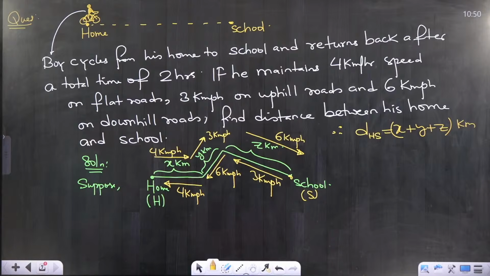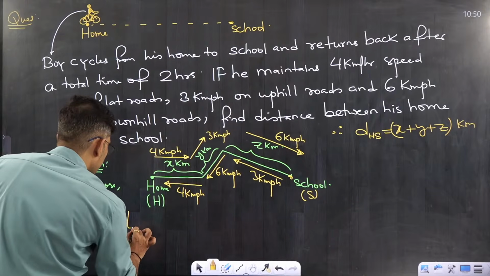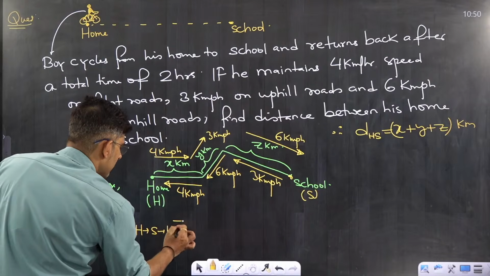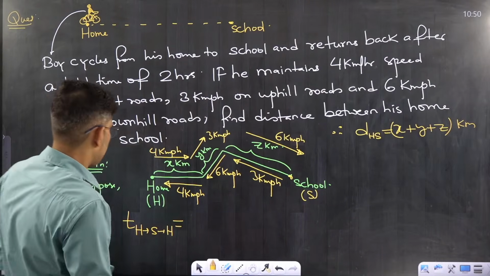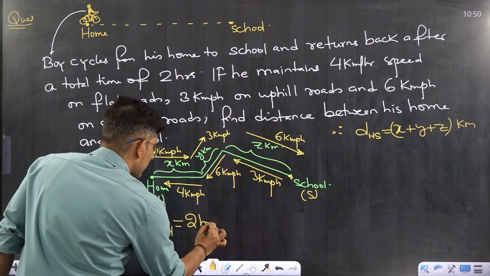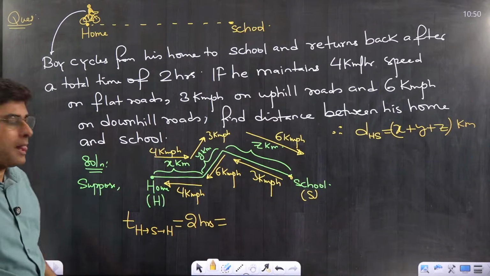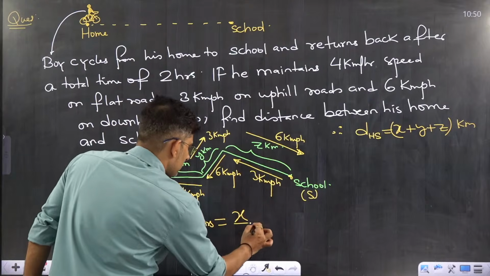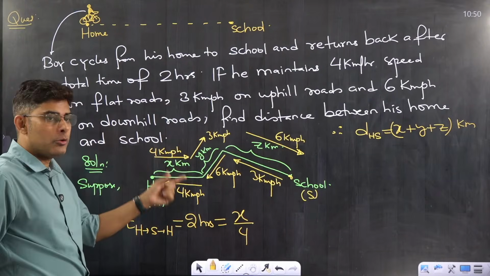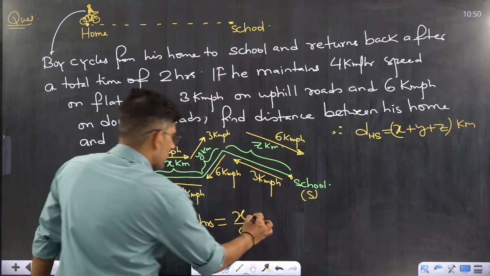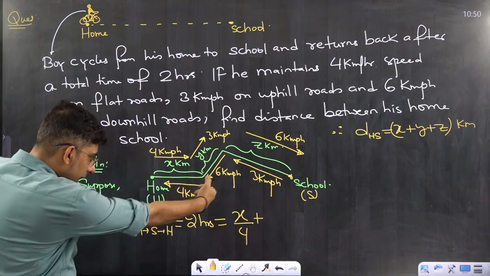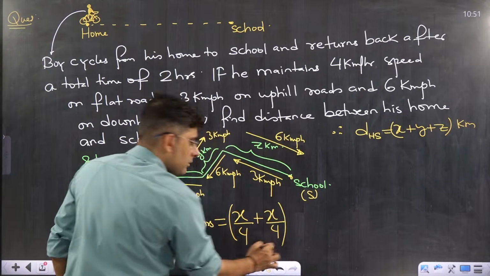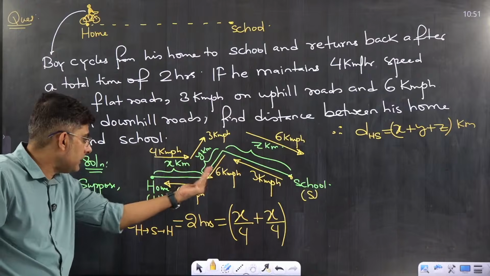Now the moment I do so, the question is very simple. Time from home to school and again to home, they have given total time is 2 hours. If it is 2 hours, what can I write as the total time? While going x kilometer, speed was 4, so time will be x by 4. While returning back, again x by 4.